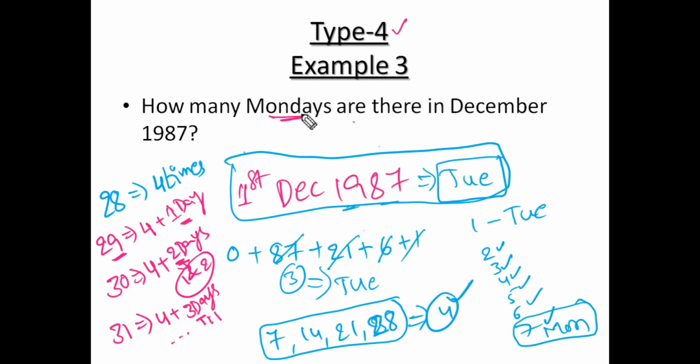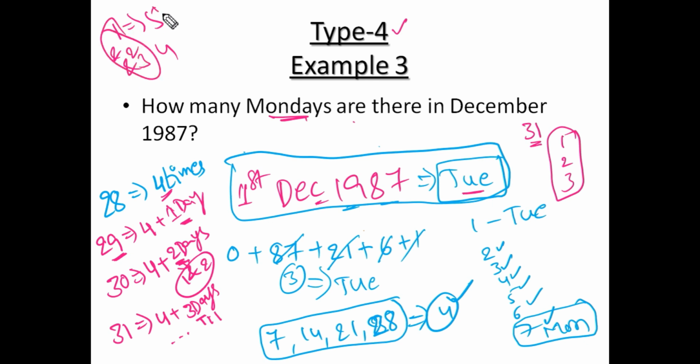Right. Here, see how many Mondays are there. So 1st December 1987 is Tuesday and December consists of 31 days. So 31 days means first, second, third will be 5 times, remaining all are 4 times. 28 means every weekday 4 times. 29 means the first day will be 5 times, remaining all are 4 times. 30 days means first and second 5 times, remaining all 4 times. 31 days means first, second and third are 5 times, remaining all are 4 times.